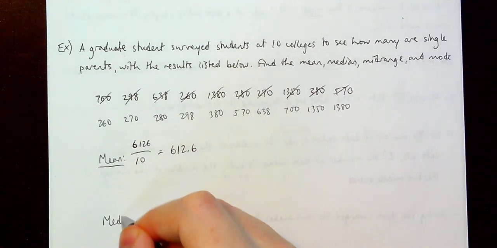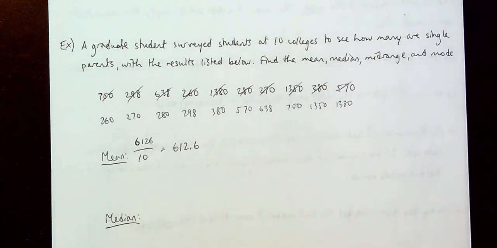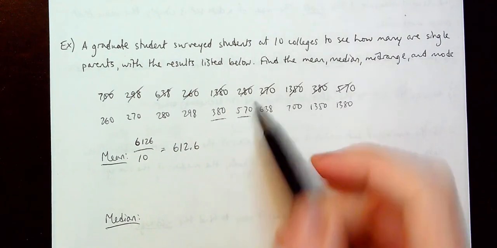Going with the median now. So here we have an even number of points of data. So this is the case where we're going to take our two middle values and we're going to take the average of them. If we have 10 pieces of data, the middle two numbers are going to be the numbers in the 5th and the 6th spots.